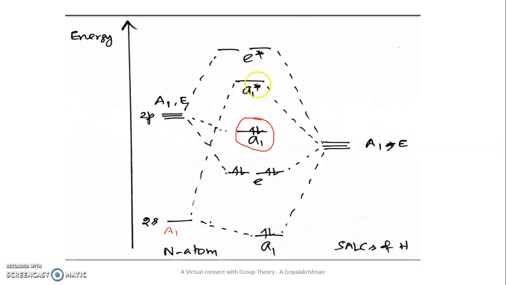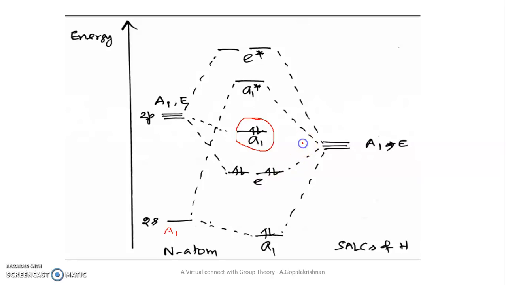If you fill the 8 electrons in these molecular orbitals, put 2 here, 2 here, 2 here, 2 here, you'll get 8. So now this becomes the highest occupied molecular orbital for ammonia. So this is the molecular orbital diagram of ammonia. This is the procedure to construct molecular orbital diagram for non-linear molecules. Are you able to follow?